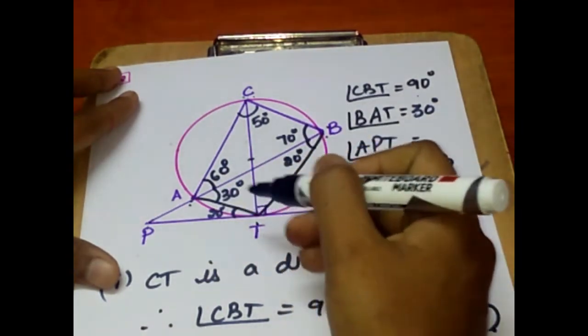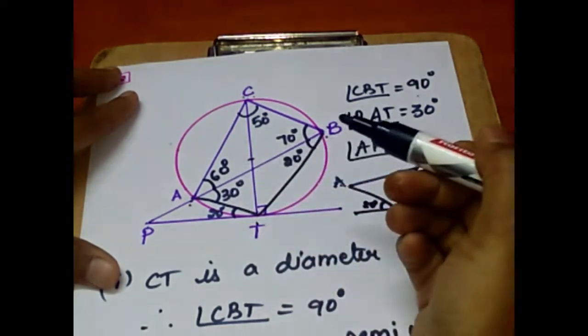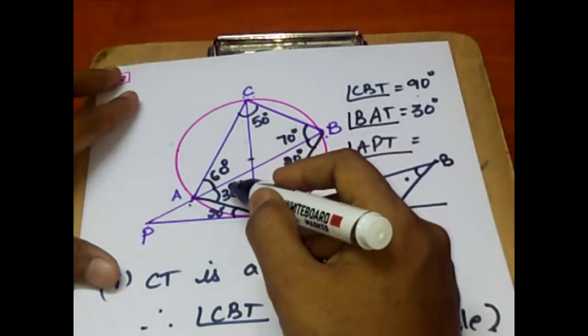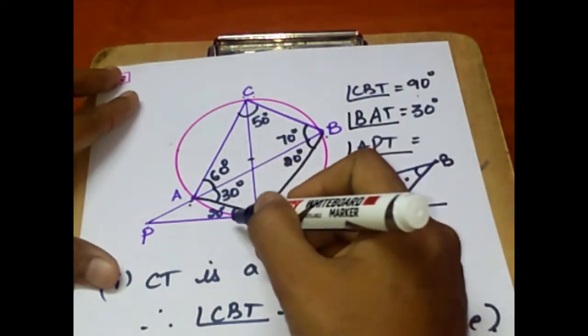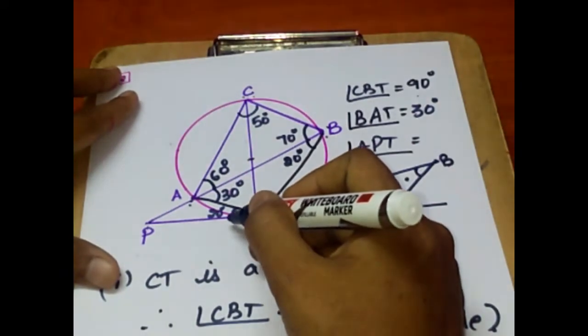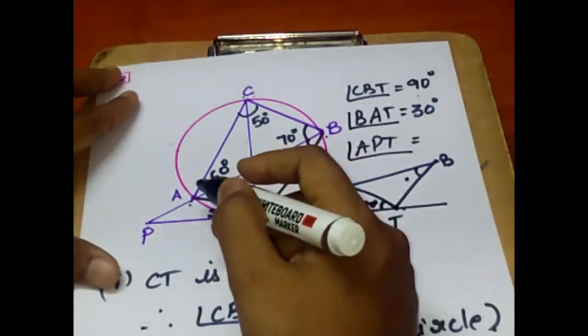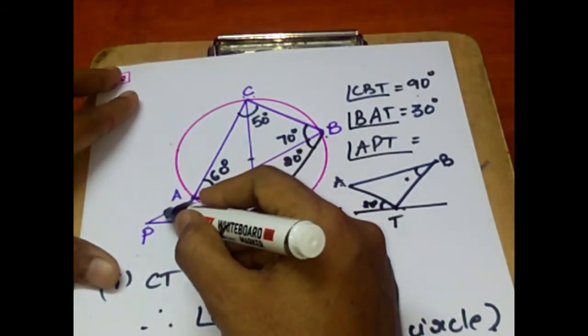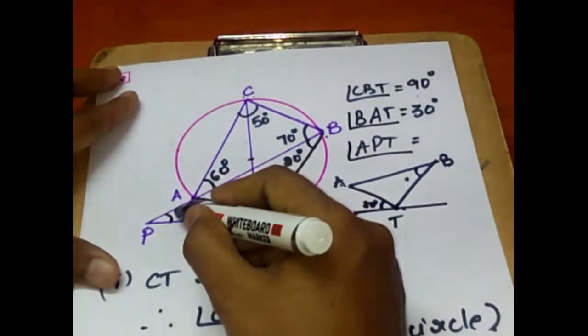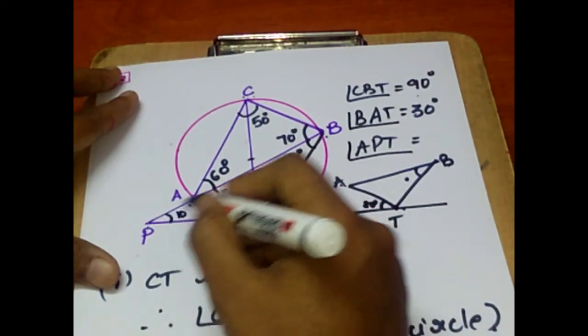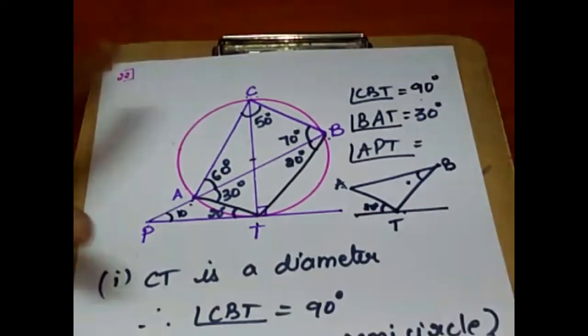Exterior angle is equal to the sum of two interior opposite angles. Hence if this angle is 30 degree and this is 20, the third angle APT is equal to 10. 20 plus 10 is 30 degree. This is one way to find the solution.